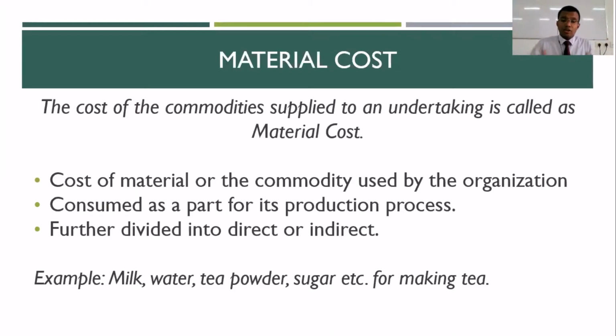These material costs would be consumed in the long run as a part of your production process. As and when you carry out your manufacturing activity, your routine production process, these materials would eventually get consumed. So in a nutshell, material cost refers to the cost incurred by a business as a part of rendering a service or producing a good.